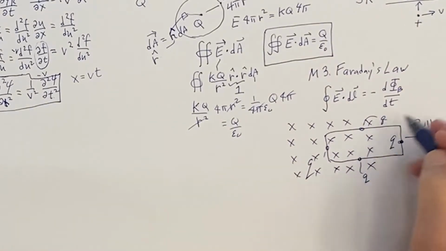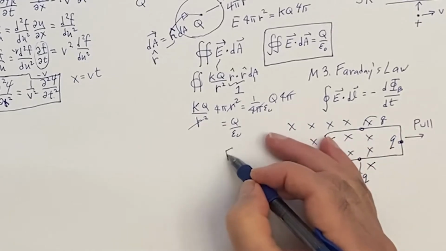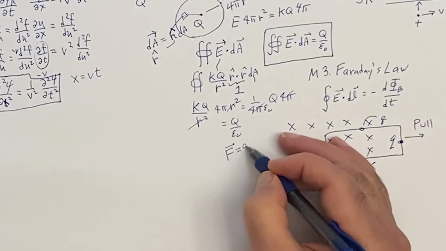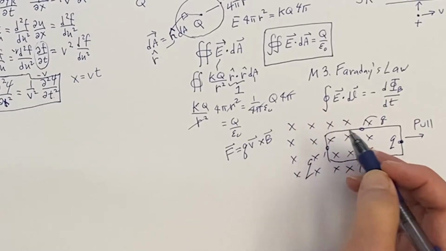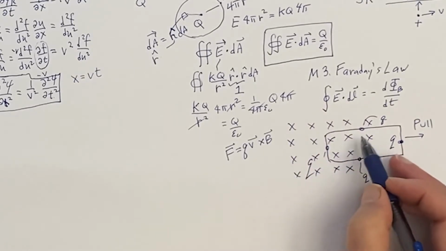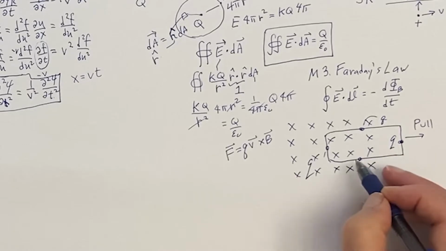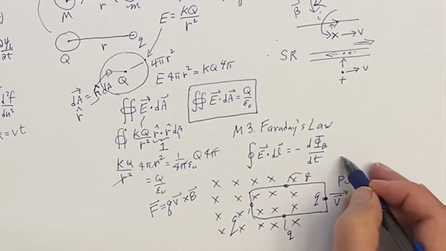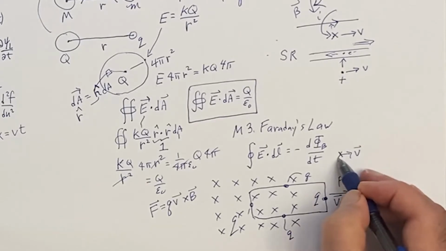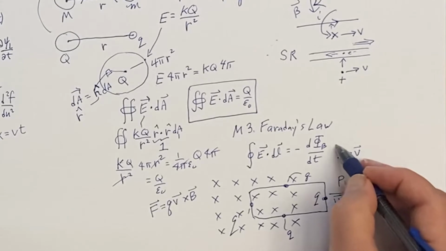Now, your force law here is F equals Q, V cross B. Since we're moving to the right, this is the V. If we take the V and cross it with that X into the page, you're going to be going up.